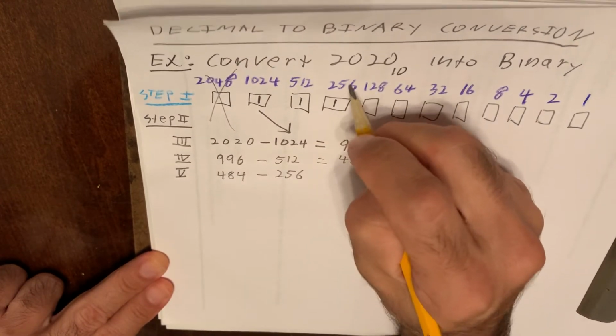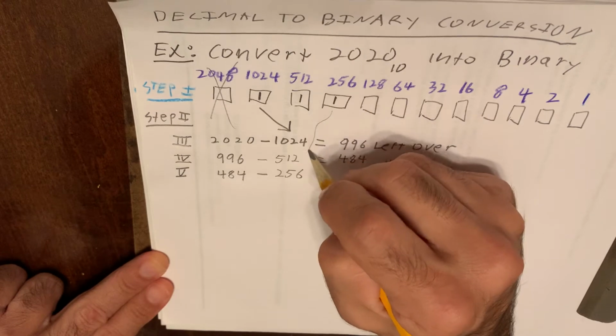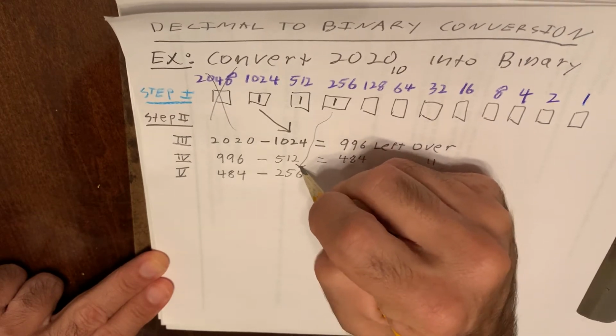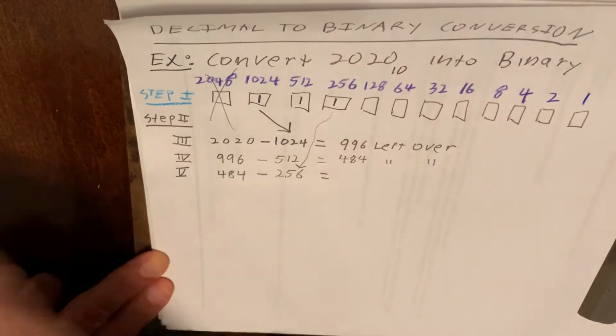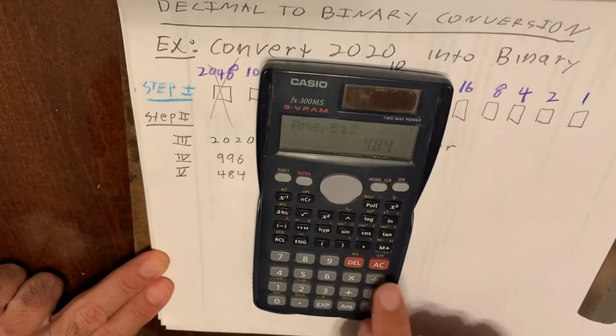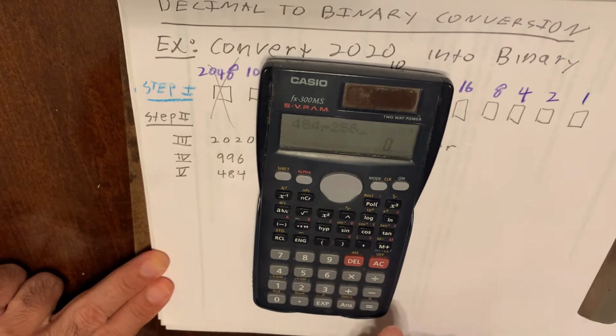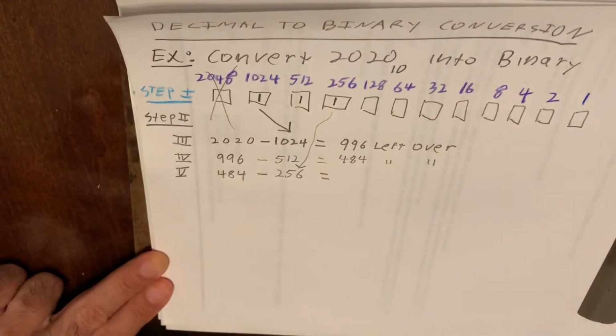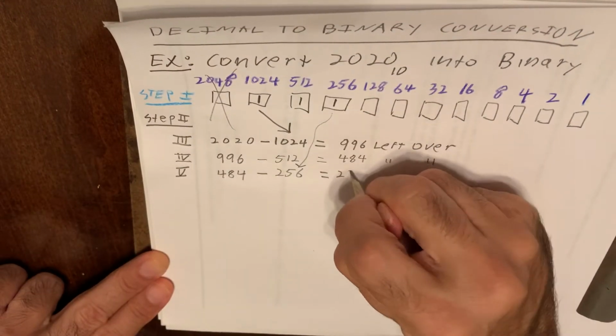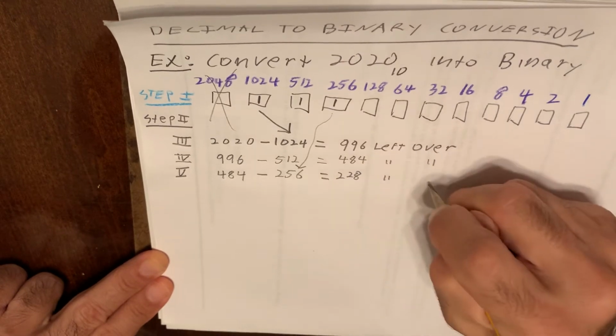Right, that comes from here. And let's see what we have left over. So 484 minus 256 is 228 left over.